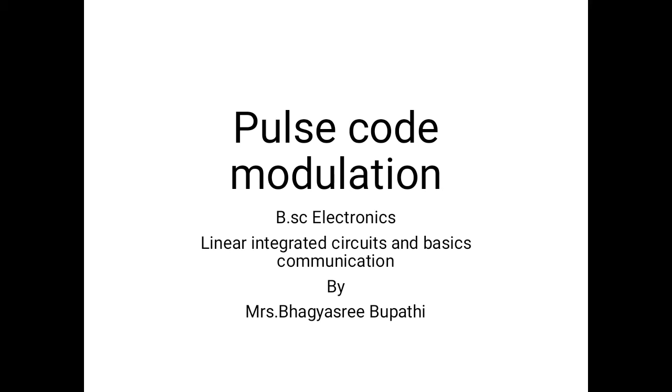Now in the last part of unit 4, you have 5 concepts: pulse code modulation, pulse position modulation, pulse width modulation, pulse amplitude modulation and delta modulation. You have already written notes for this.